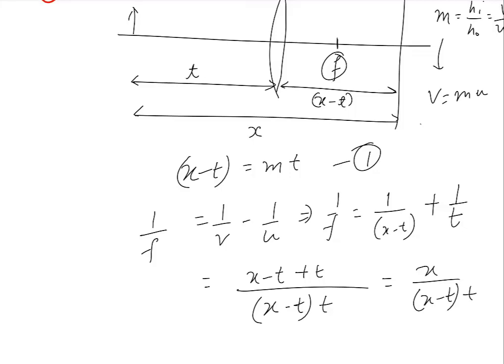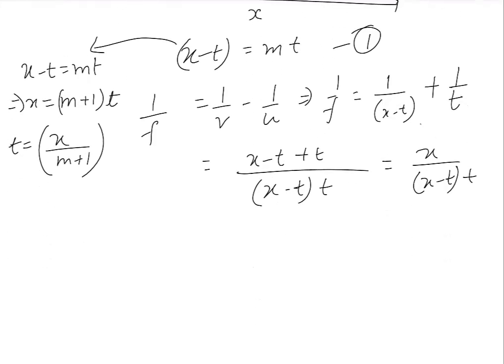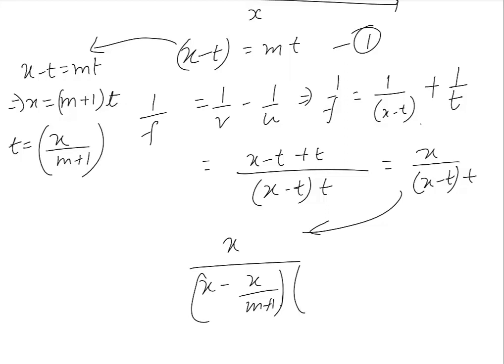Now you just need to replace t with m. So if you take this equation here, this x minus t equals mt. So x equals m plus 1 into t. So t equals x over m plus 1. Now just replace it over here. So here it will be x over x minus x over m plus 1, into x over m plus 1.